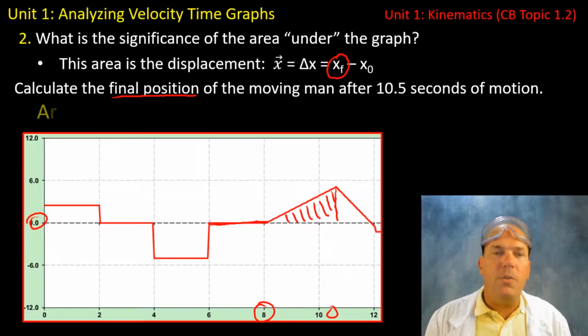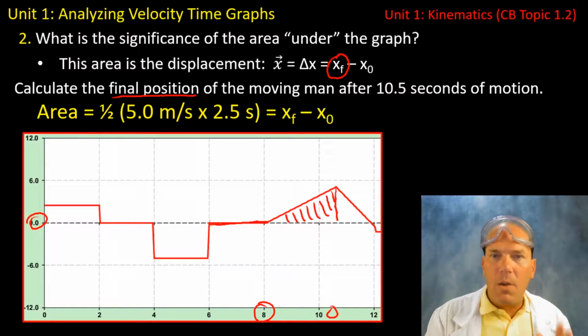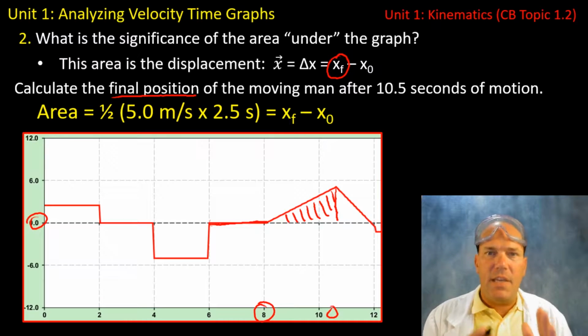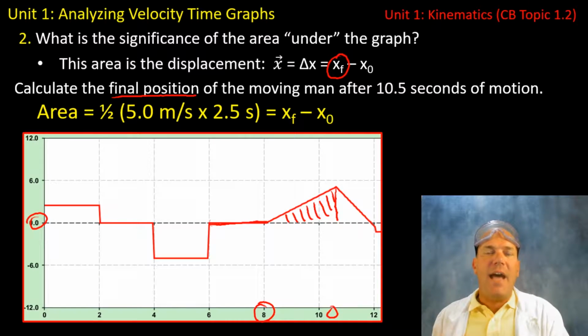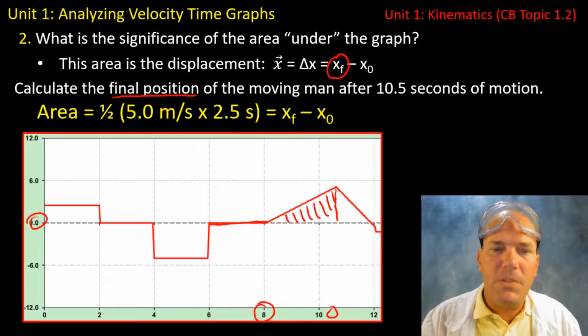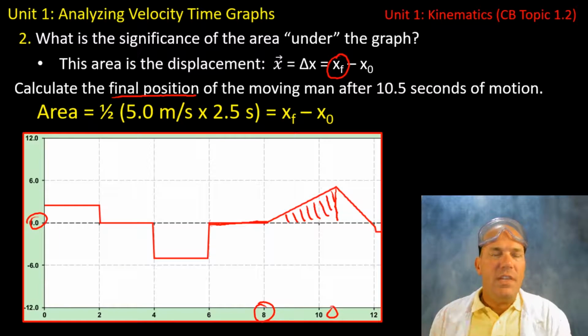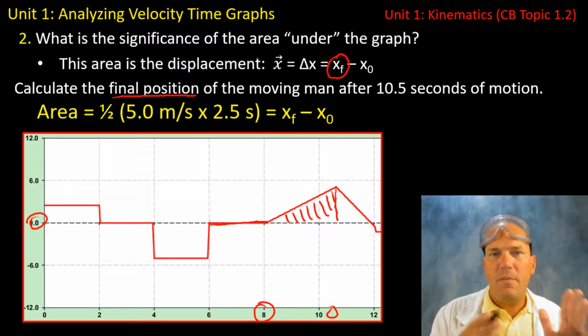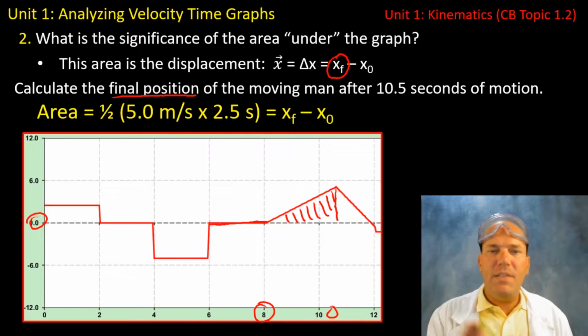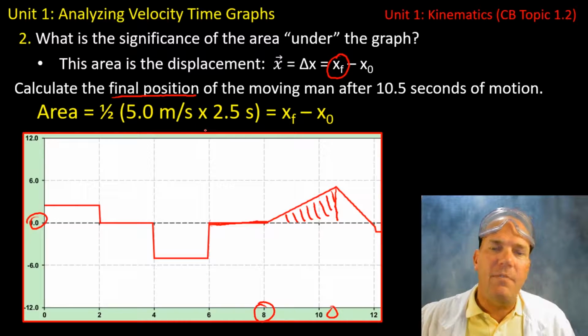So we're going to do 1/2 base times height, where our base is the time, 2.5 seconds. The height is the velocity, which is a positive 5 meters per second, and 1/2 that gives us a value of 6.25 meters. So this quantity on the left side of the equation is 6.25 meters.